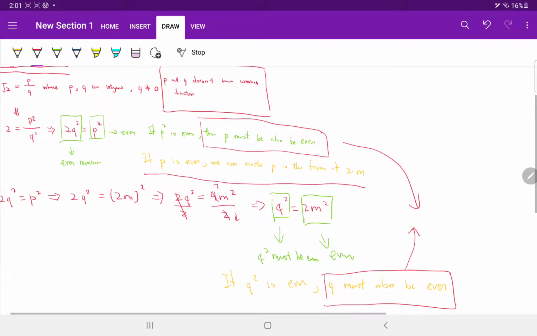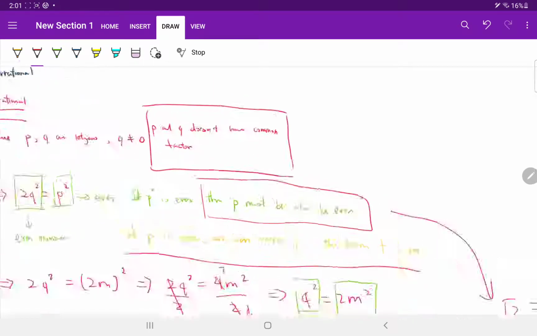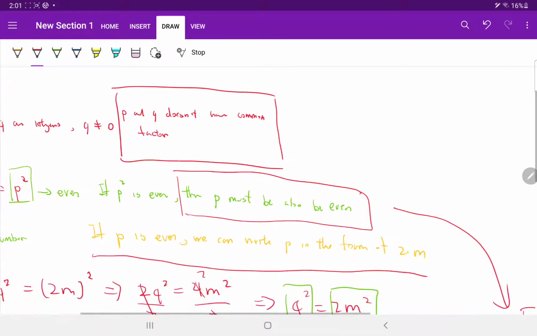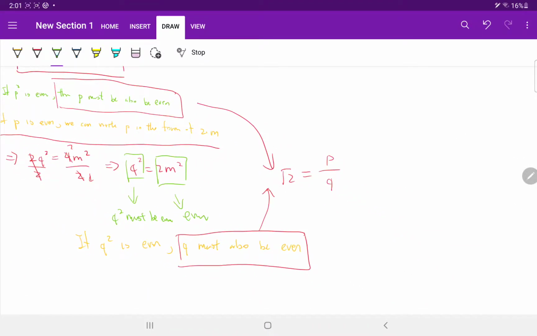Remember that we wrote at first that square root of 2 can be written in the form p over q, and one of the most important properties I wrote is that p and q don't have any common factors, so you can't factor anything out between them. But right now, we already know that p is even and q is even. So what does that mean? That means they must have a common factor of 2, because any even number can be written as 2 times some integer.